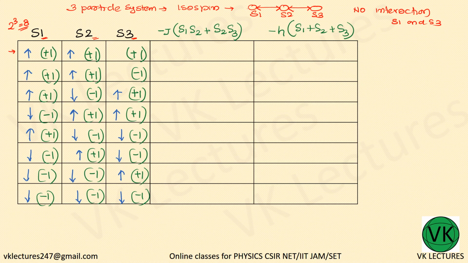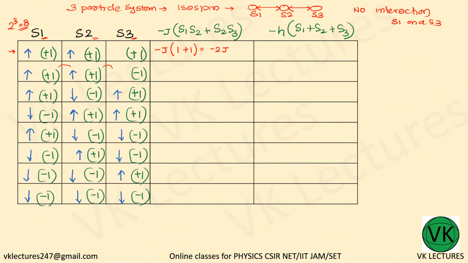Now minus J into S1 and S2, that is plus 1 multiplied by plus 1, so that is equal to minus 2J. Again here this is plus 1, this is minus 1, so it becomes 0, right?